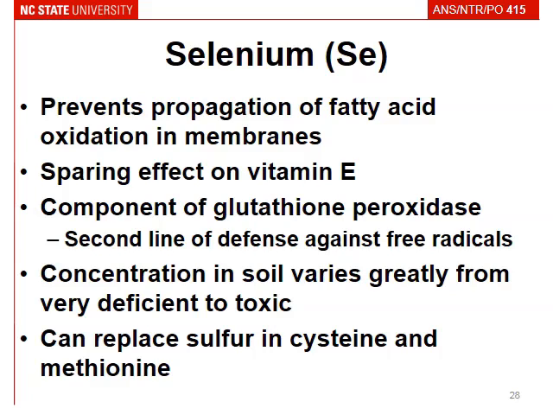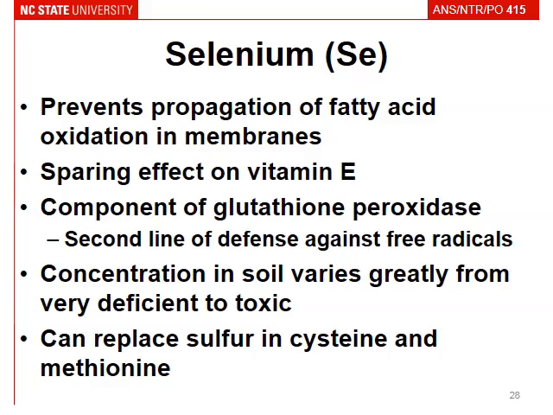So you have to verify the amount of selenium within your feed ingredients. And one of the reasons why it is toxic is that it can replace the sulfur within cysteine and methionine.